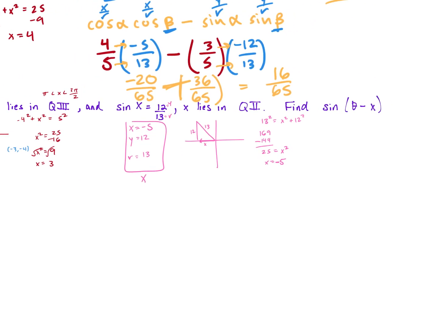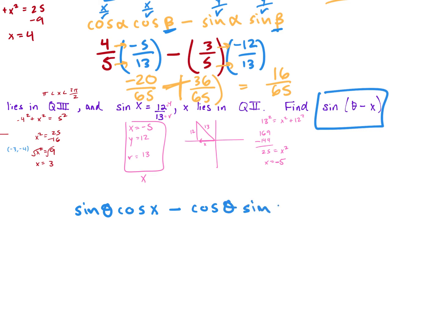Okay, now it asks me to find sine of theta minus x. So instead of using u and v, it just uses theta and x, but it's the same thing. We use our formula here. So sine, let's see if I can remember it this time. We have sine of theta times cosine of x minus cosine theta sine of x.